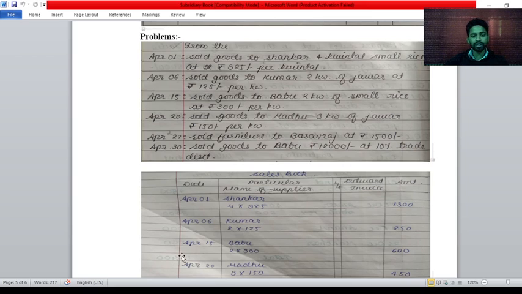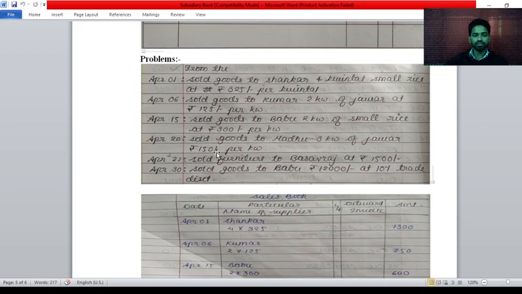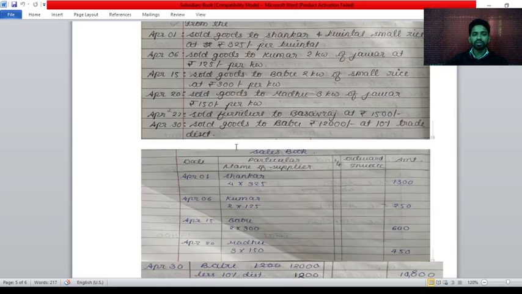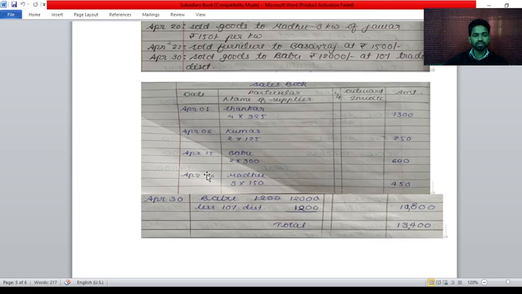We maintain it on 15th April: Babu, 2 quintals at rupees 300, it's 600. Next, on 20th April, sold goods to Madhu, 3 quintal of jawar at rupees 150 per quintal. This is also a credit sales transaction, so 3 into 150 is 450.